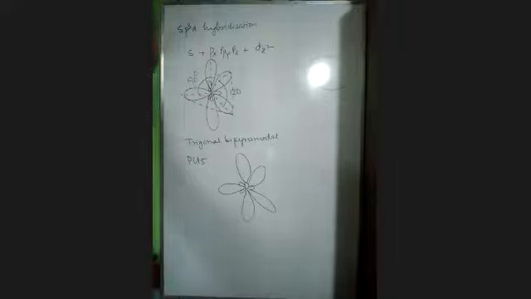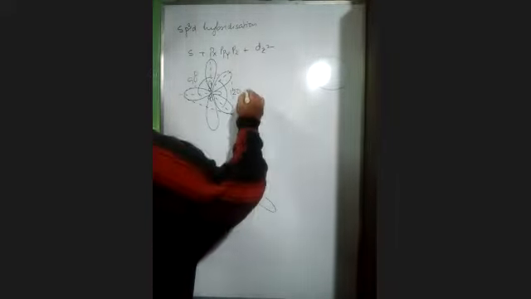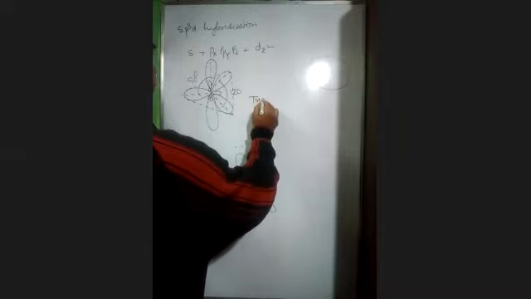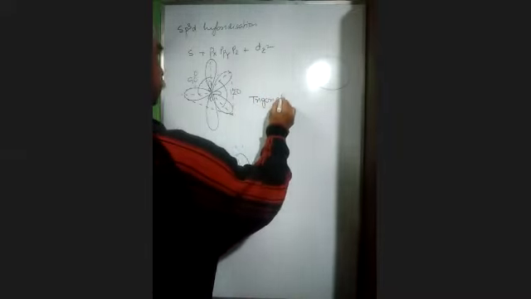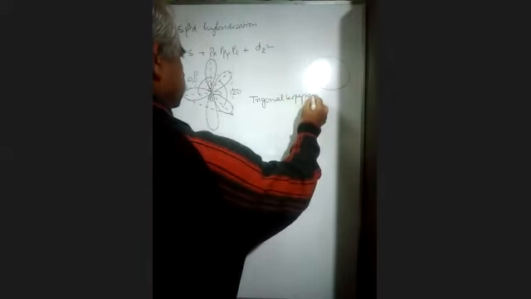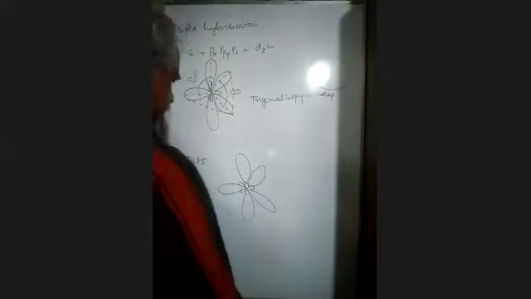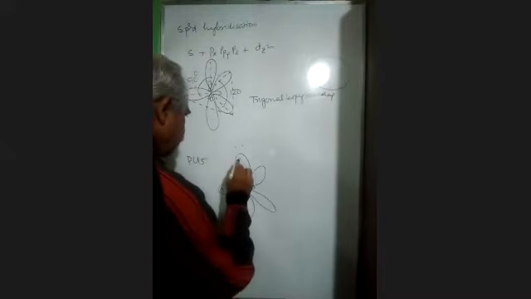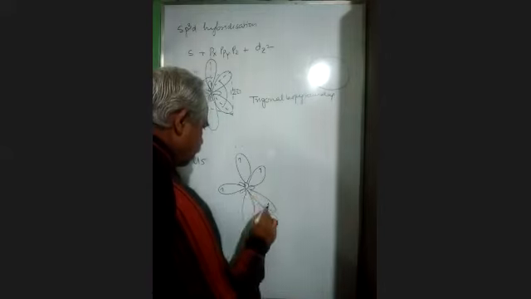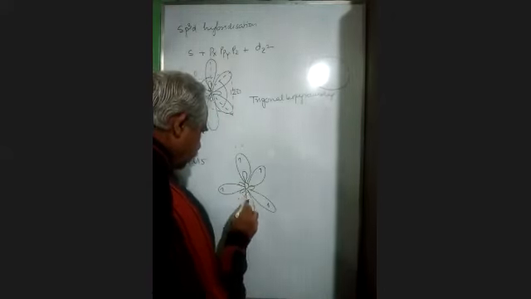Okay. So here you have one electron, here one electron, here one electron, here one electron. For this one, the smaller lobe will be here.